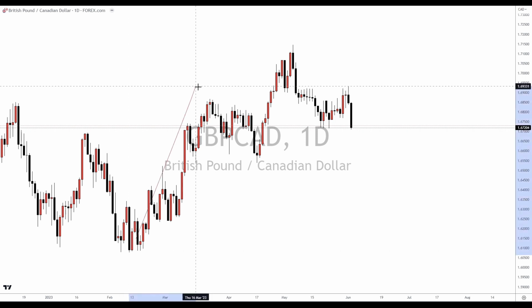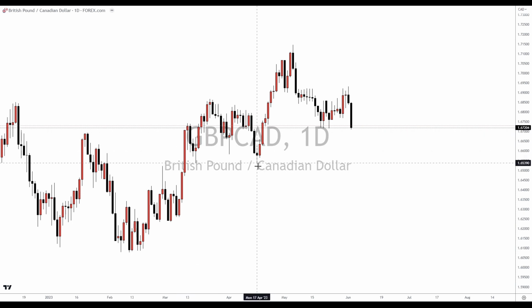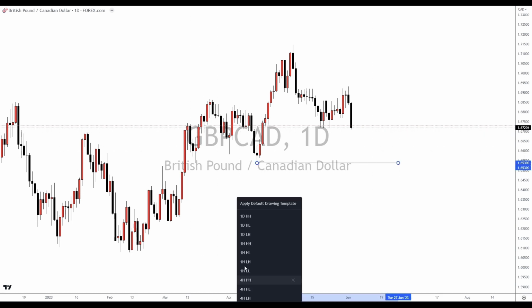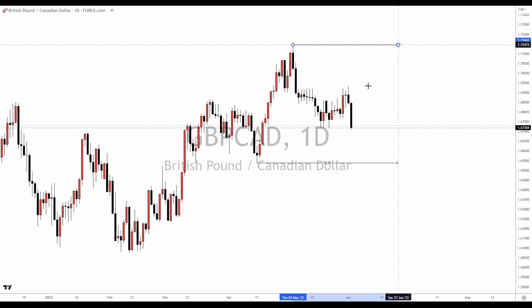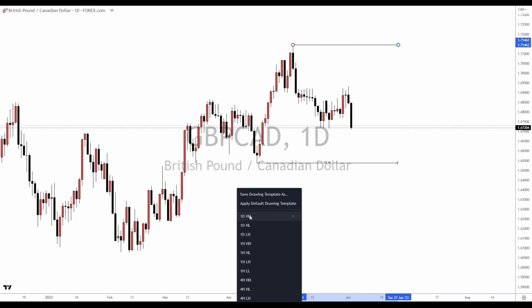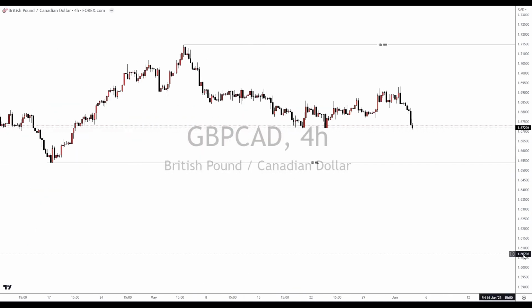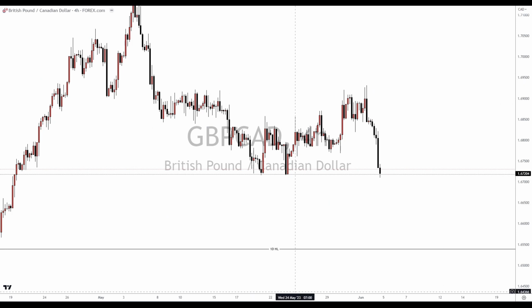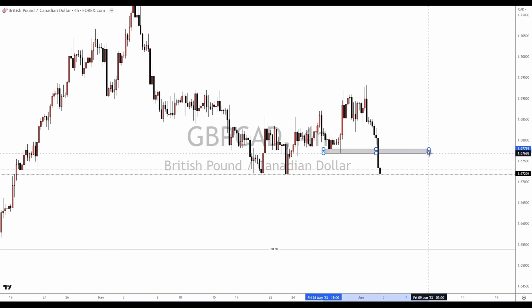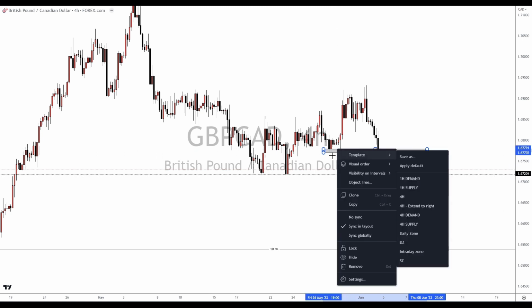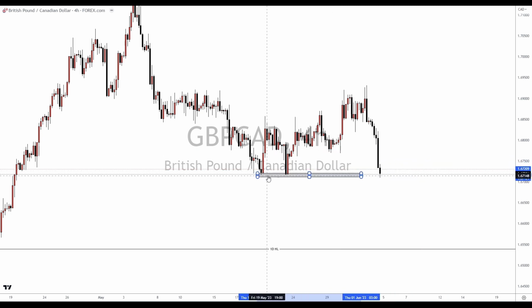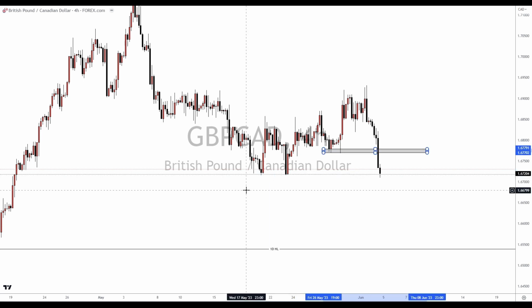With GBP CAD, it's nice and simple. You can see that daily is bullish, but because we've seen recent bearish momentum, we have to wait for 4H to finish its move, which is currently to the downside. So we might come back up to reject that current zone, or we might also have to consider that there is another support right here.